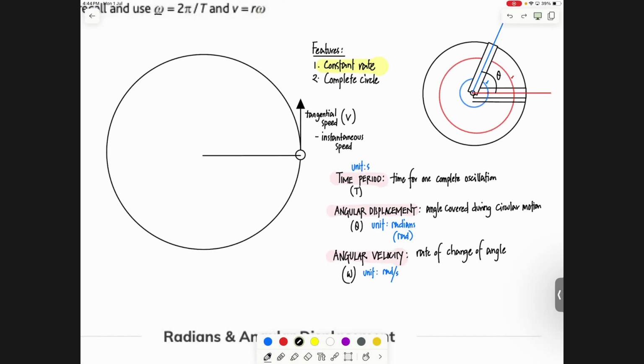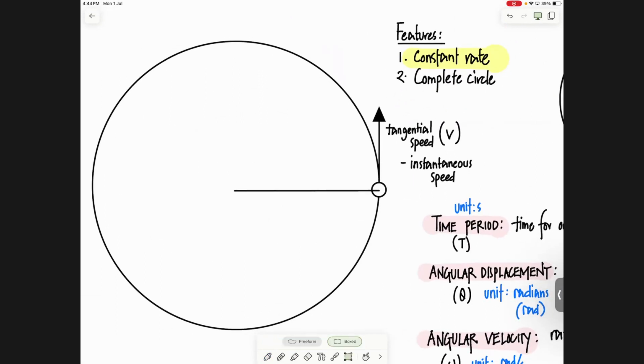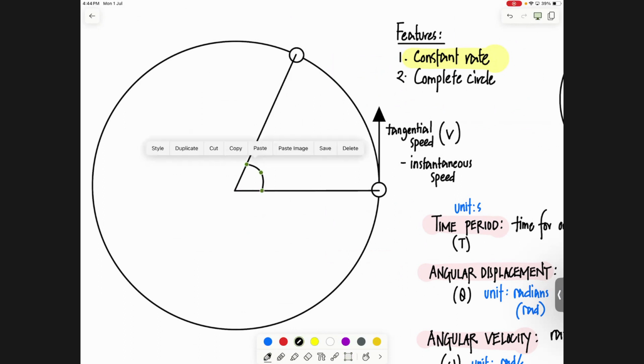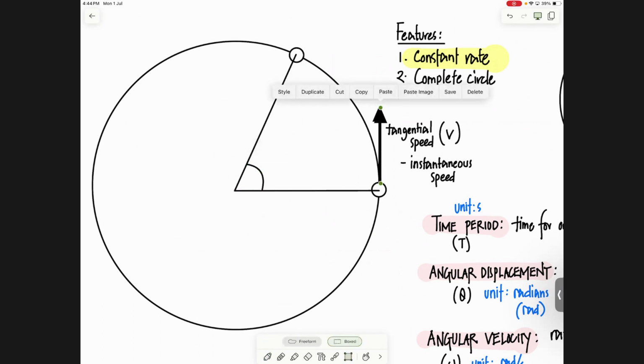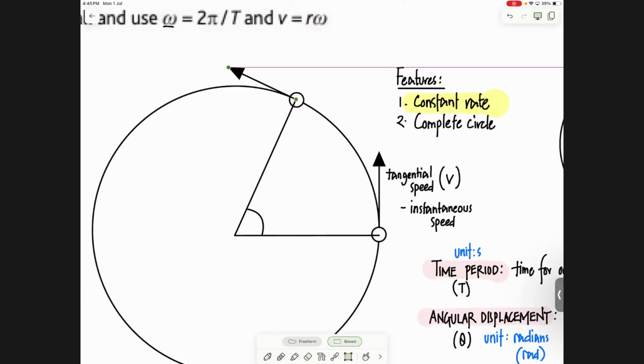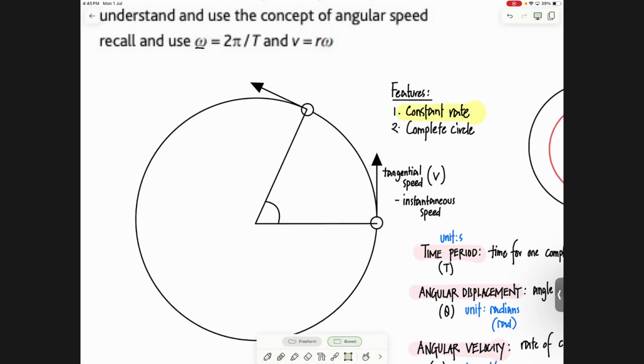So let's do a recap of this. You have this object which goes in a circle, and the object will go from here to, let's say, there. As it does so, it will cover what here? An angle. And its tangential speed will remain what in our syllabus? The same. So if this is v, it will still remain v.